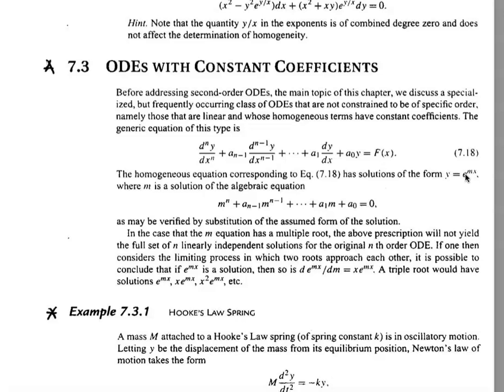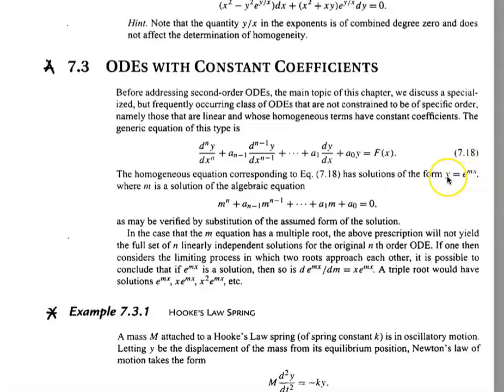The reason we choose this is because, as you recall, the derivative of e to any variable repeats itself. And that's the nature of this differential equation. So when you substitute this in, dy/dx is equal to m e to the mx.